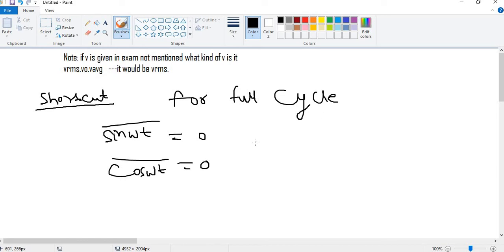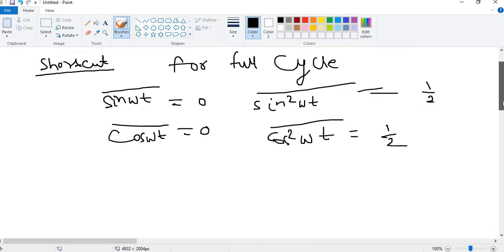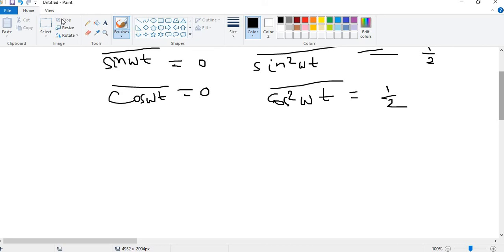Then sine square omega t bar is equal to 1 by 2, and cos square omega t bar is equal to 1 by 2. Hope this is clear.